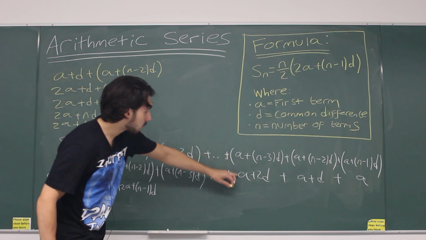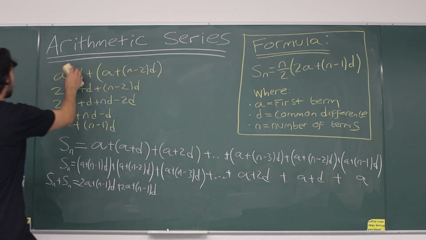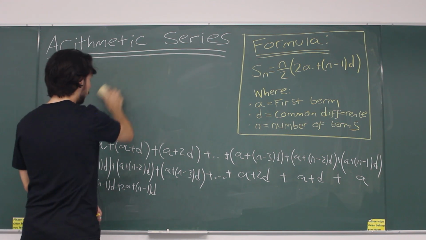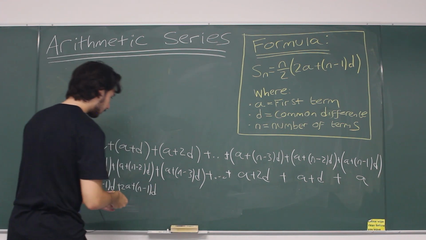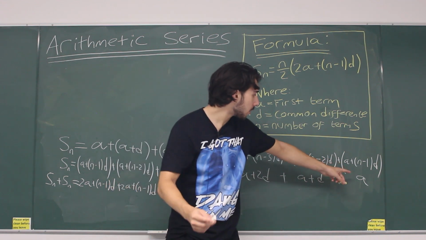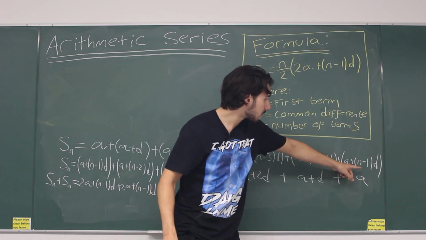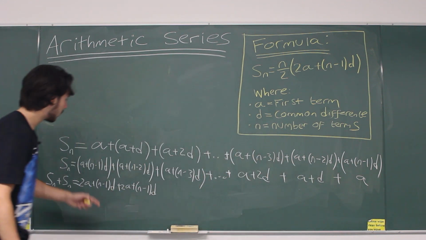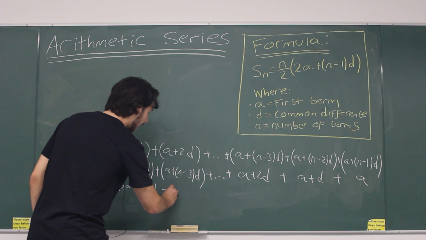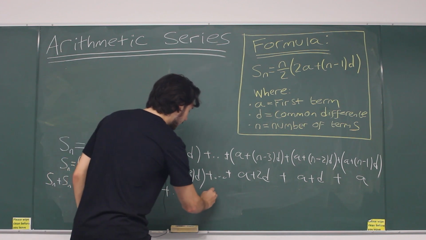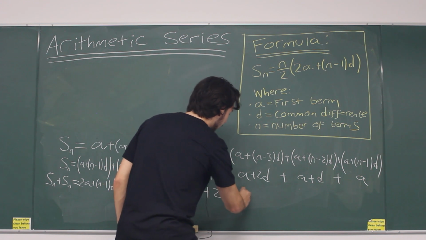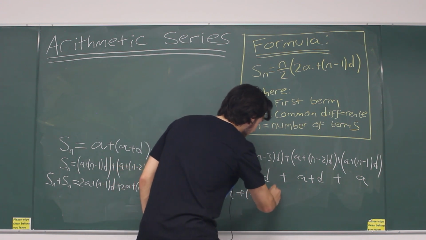So for every single term, all the way until the end, it's symmetrical. You're once again doing a plus (n minus 1)d plus a, but we already did that at the beginning. So the last term as well is going to be 2a plus (n minus 1)d.